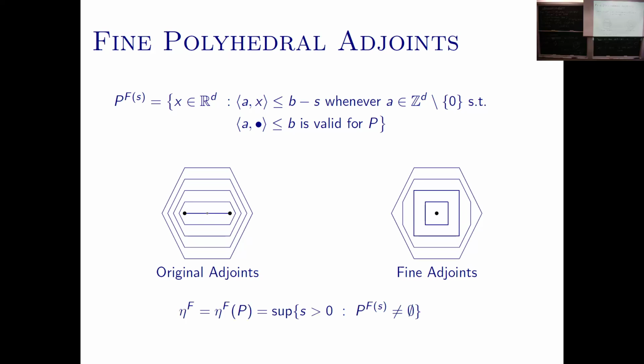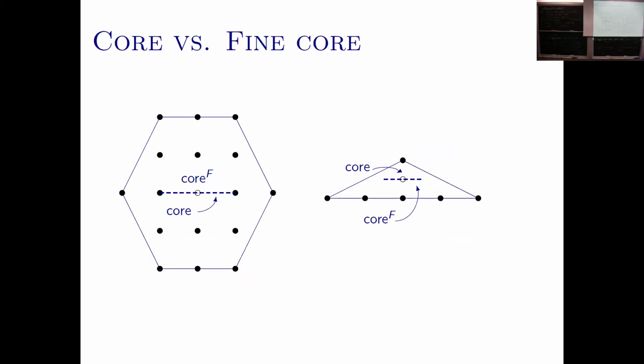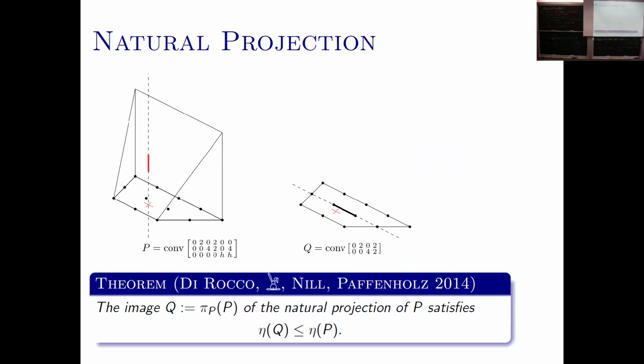Of course, you define the same thing, and then the core, the last thing that remains, in this case is a segment, in this case it's a point. They don't have anything to do with each other really. Here one contains the other, here the other contains the one, but they can also be disjoint.